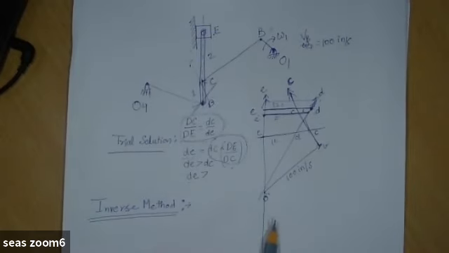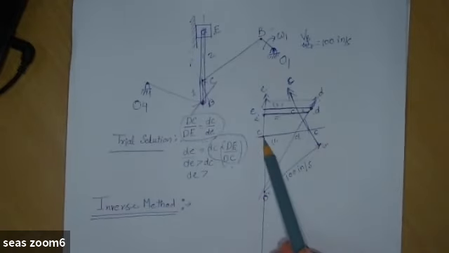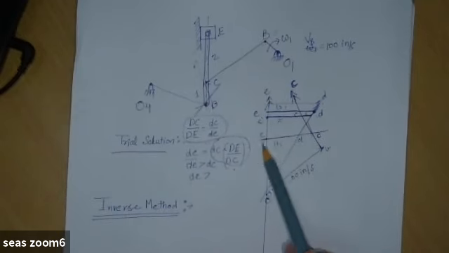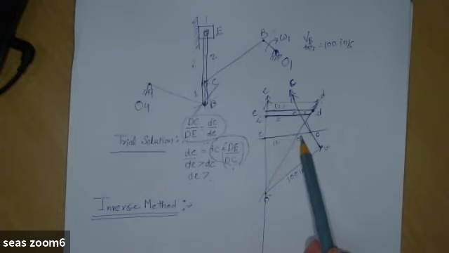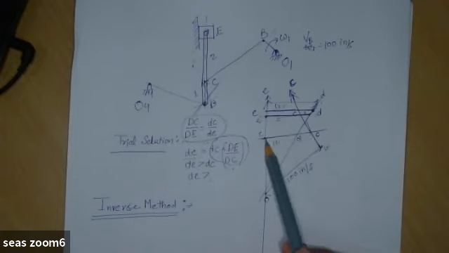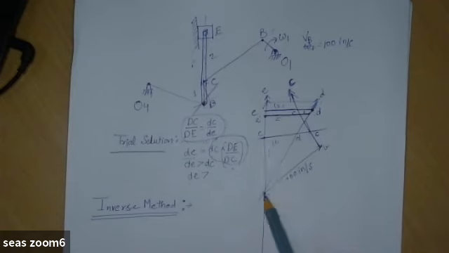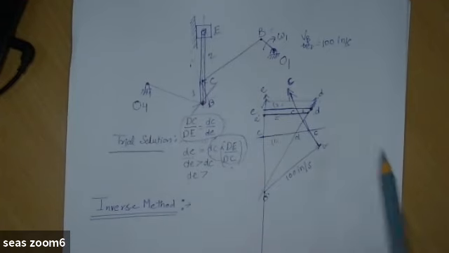see in this example, if you had known this point E, there was no need to do all these approximations, and you can easily determine the other points D and C. The only part is that if you knew the velocity of the piston, it means the length OE. So the inverse method utilizes this part.